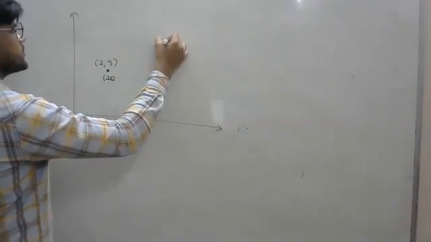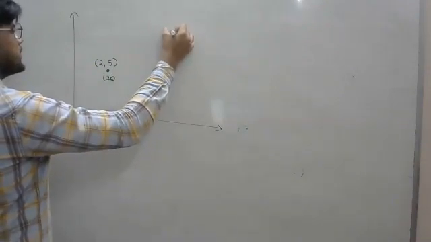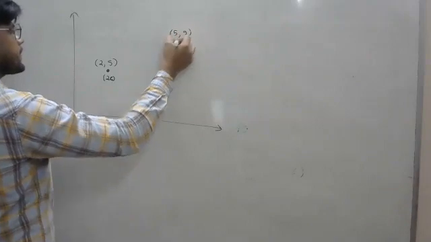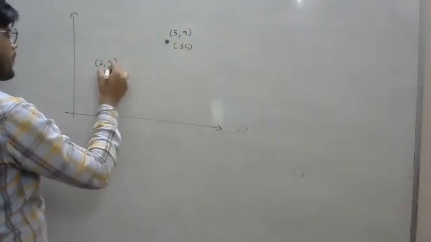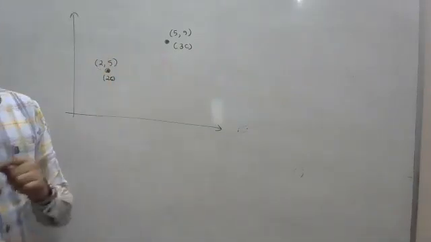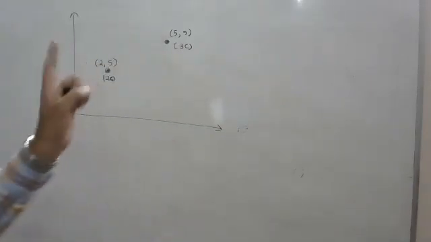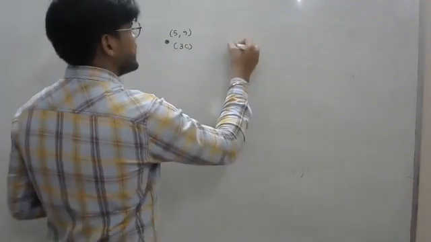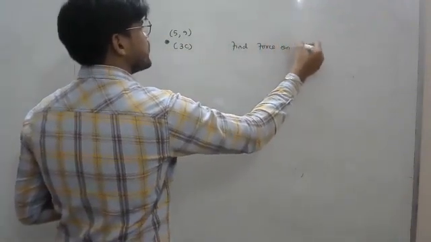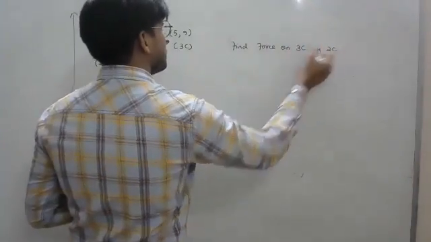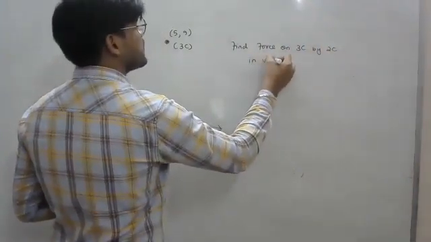And another charge here at 5, 9 of 3 coulomb. I need to find the force on 3 coulomb by 2 coulomb in vector form.